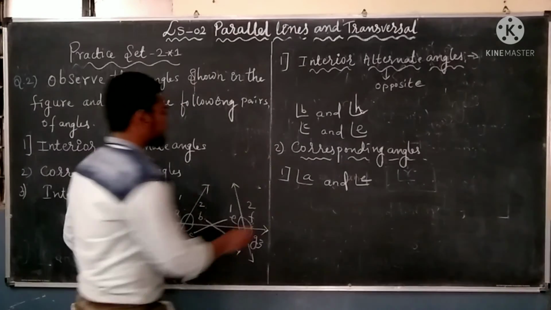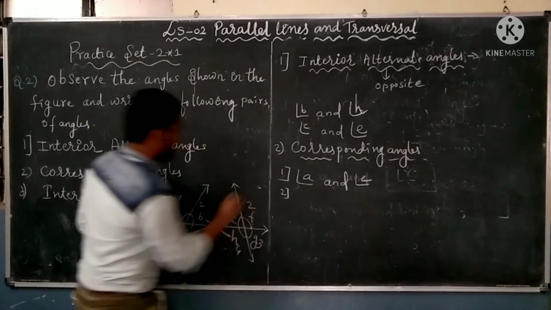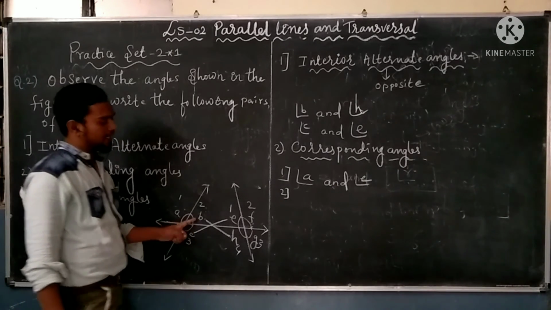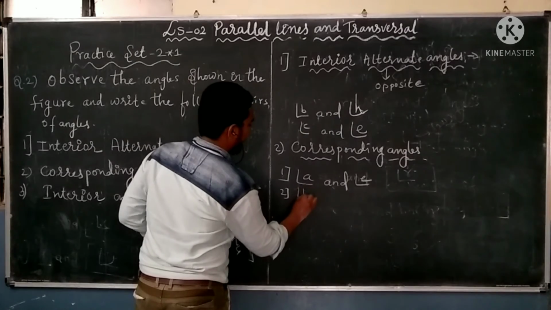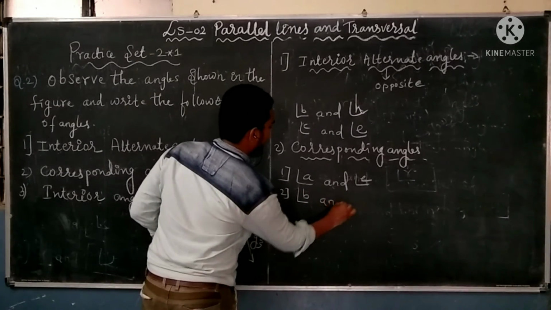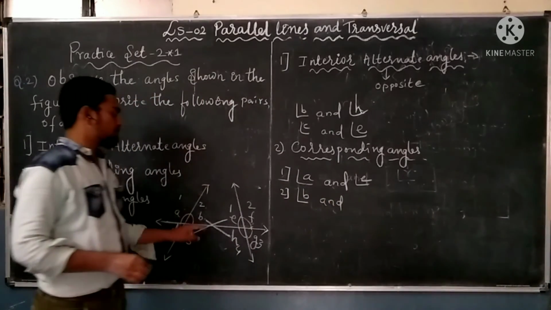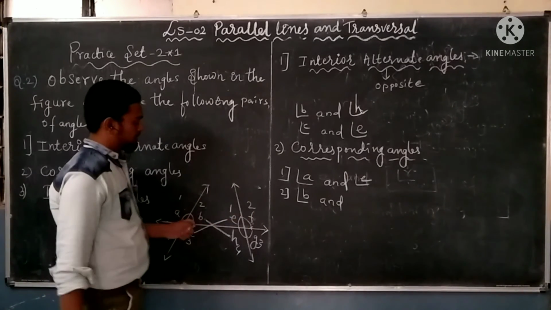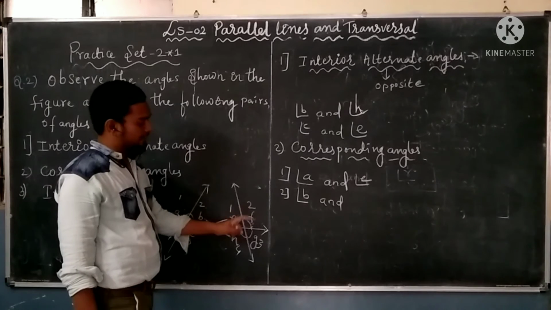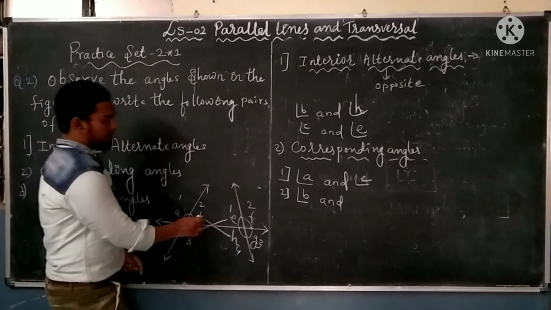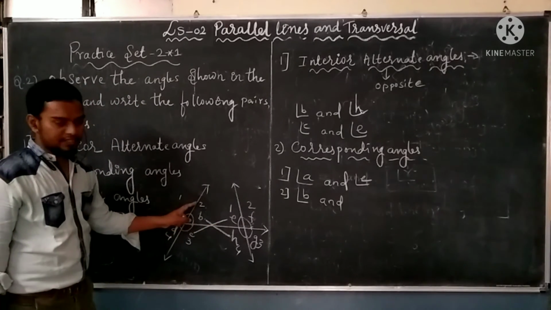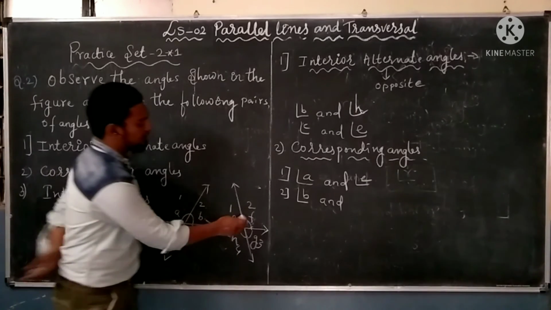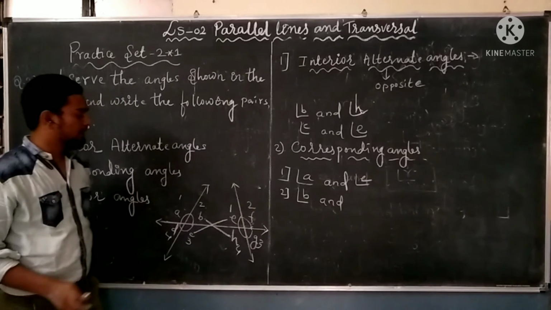Second angle. Here, the second is angle B. Angle B is the second angle. Angle B corresponds to, here the second angle is F. B is number 2 on this side, and F on the other side is number 2.